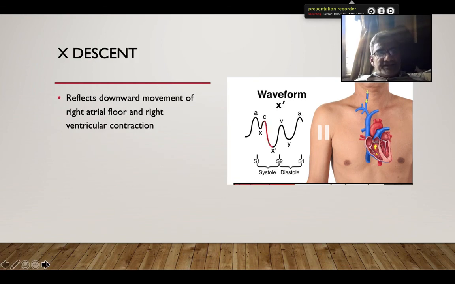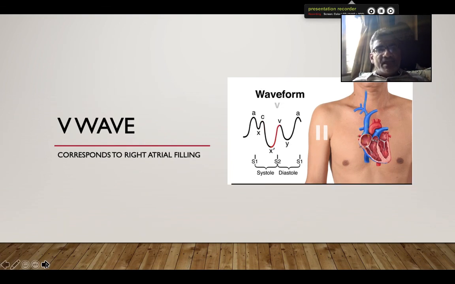The X descent reflects downward movement of the right atrial floor when the right ventricle contracts. When the right ventricle contracts, it pulls the floor of the right atrium downwards, and that causes the X descent. The V wave corresponds to the venous filling of the right atrium.